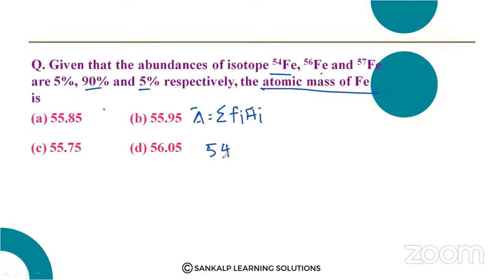The atomic mass is 54, and its fractional abundance Fi is 5%. How do you write 5%? 5 divided by 100, so it will be 0.05. Plus, then second is 56.